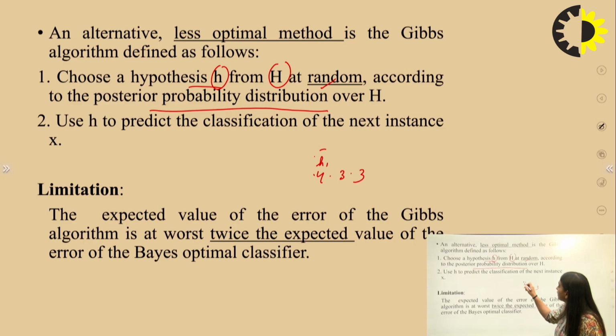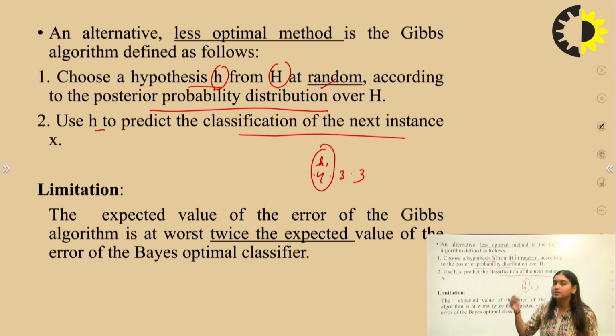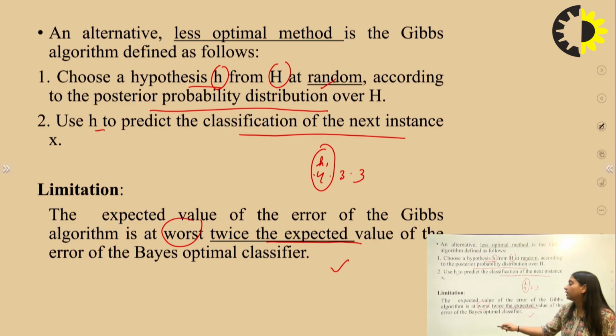H1 has the highest posterior probability, so according to the Gibbs algorithm, we will choose this hypothesis. The second point is to use this hypothesis h to predict the classification of the next instance x. This is a simple algorithm that involves two steps only. And this is the limitation of this algorithm: the expected value of the error of the Gibbs algorithm is at worst twice the expected value of the error of the Bayes optimal classifier. Fine.